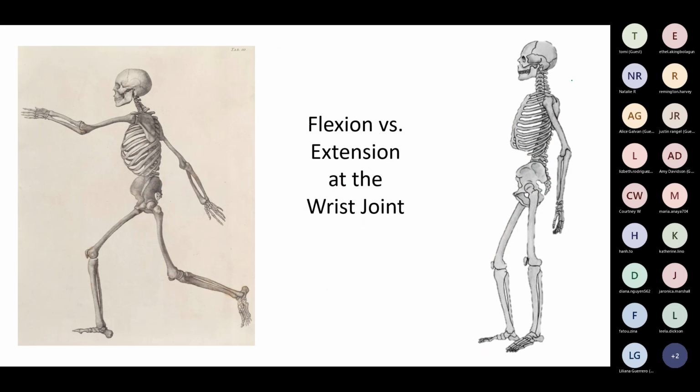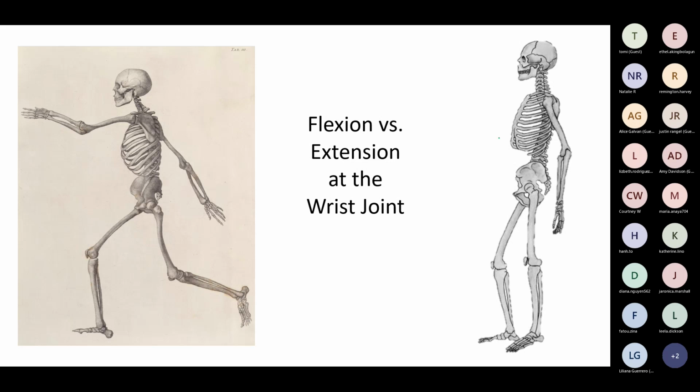Last arm joint is the wrist. So the wrist joint, we can flex it and extend it. And actually one new movement that we can do is also called hyperextension. When we do hyperextension, we actually go farther behind than anatomical position.